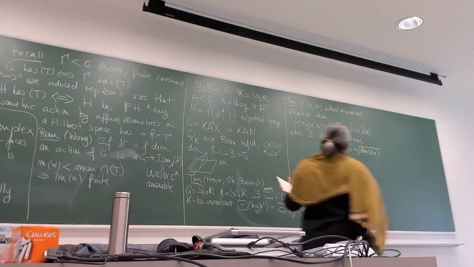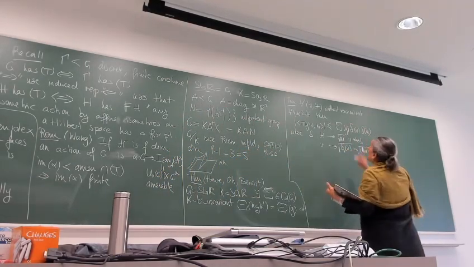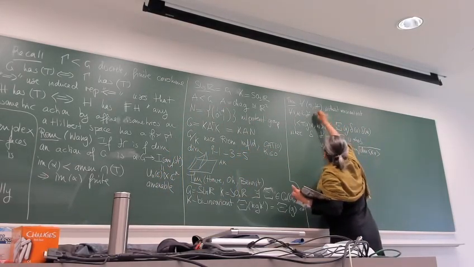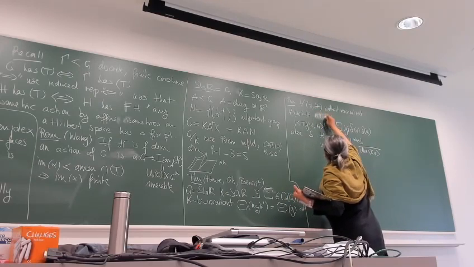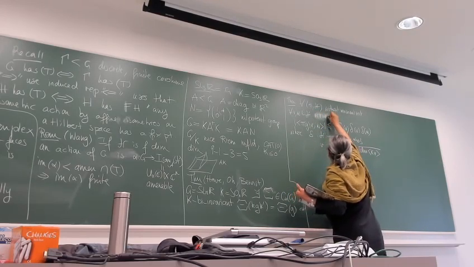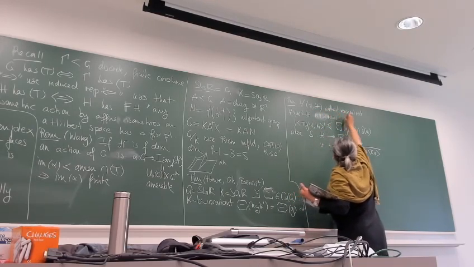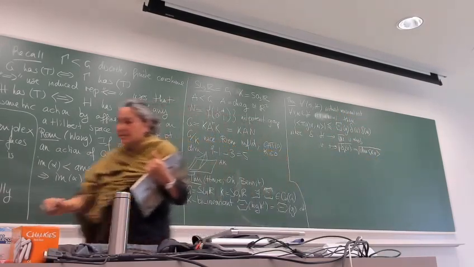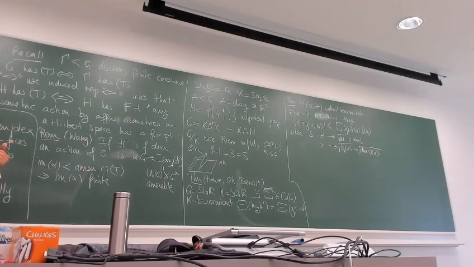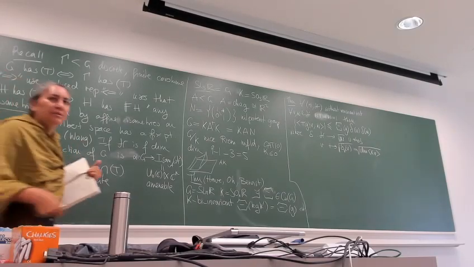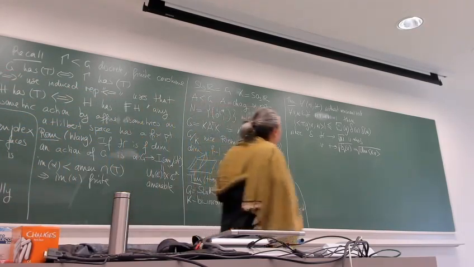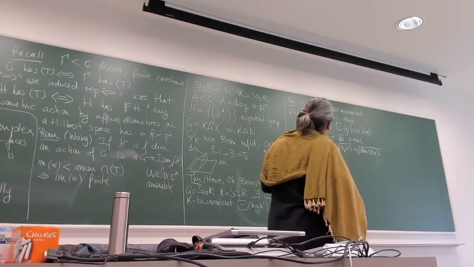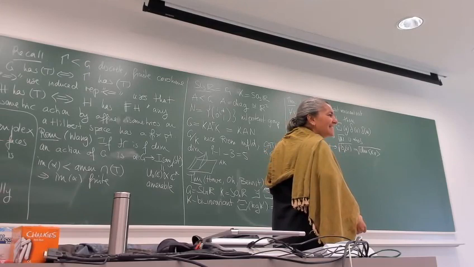And also I want norm one vectors, which, okay. So that's it. Question?